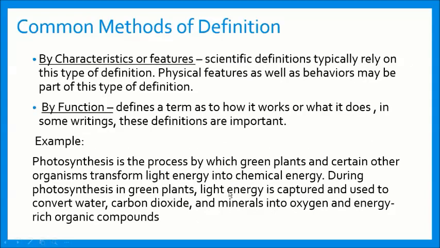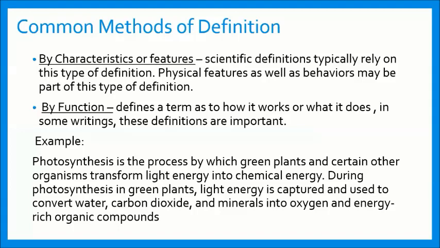Okay, the third one is defining by characteristics or features. Usually this is applied in defining scientific terms. We usually define a term by its physical features. So let's say, for example, an animal.